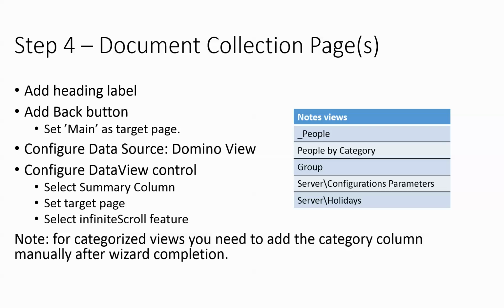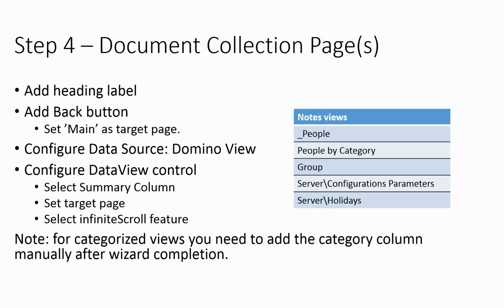For the configuration of the document collection pages, the process is as follows. We add a heading, we add a back button and select the main page as target. We configure the data source. We will use Domino views as source. Then we configure the data view control that will be used for displaying the data source.